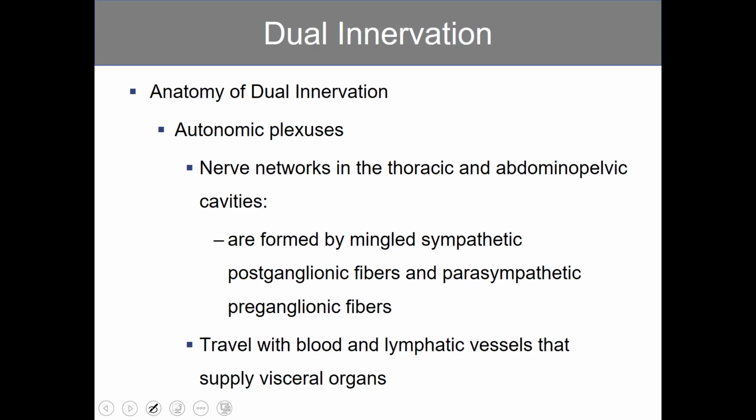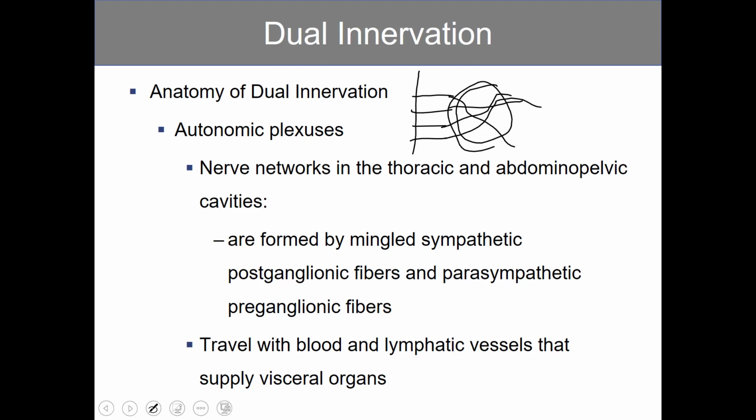In terms of the anatomy of that dual innervation, we need to consider the autonomic plexuses. And remember, a plexus is an interwoven network of nerve fibers. If you consider a spinal nerve, as it branches into the peripheral nerves, often these nerves start to intertwine with one another, and we call this a plexus. So it's a network of interwoven nerve fibers.